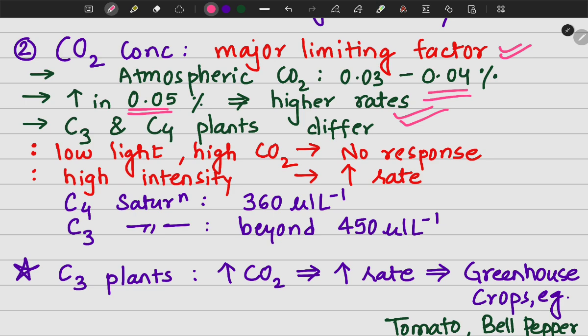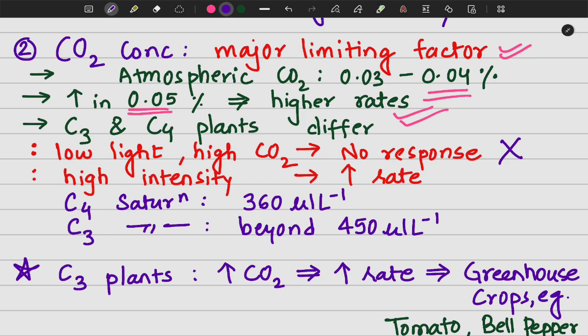Alright, around 0.05%. Now, if we talk about the C3 and C4 plants, then C3 and C4 plants differ in their response to carbon dioxide concentration. When there is a high carbon dioxide concentration but the light intensity is low, then C3 and C4 plants show no response to this low light and high carbon dioxide concentration.